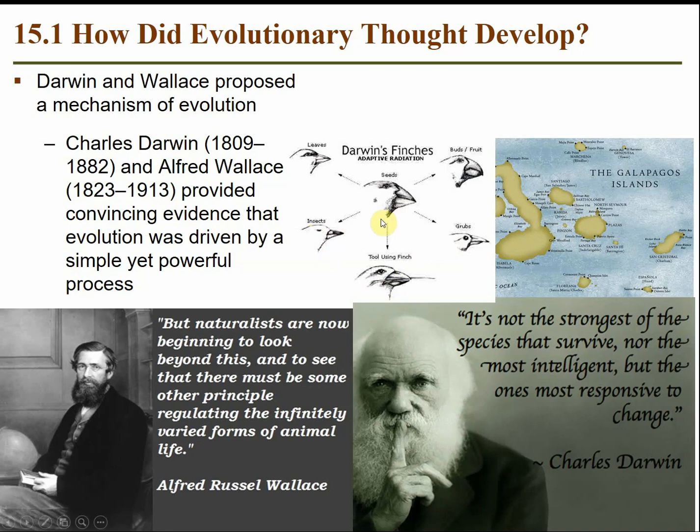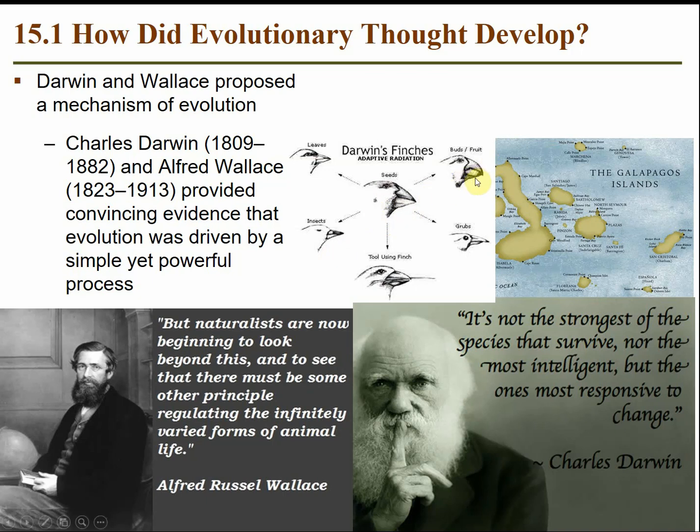So this is showing just some of the variations that they noted between the types of birds. So birds that were more adapted to eating seeds had these stout, fat beaks that were good for cracking open those hard seeds. As opposed to the bird that's going to primarily eat insects. It has a sharper, narrower beak, so it's better at piercing through those insects.